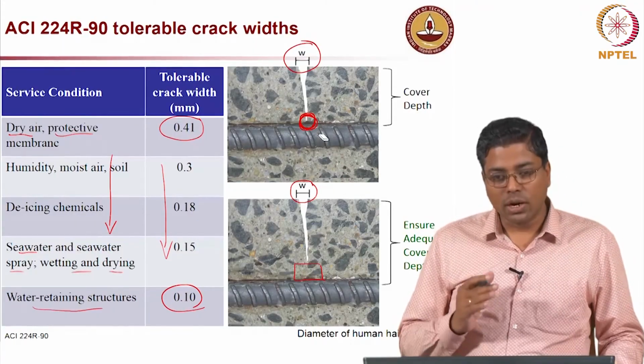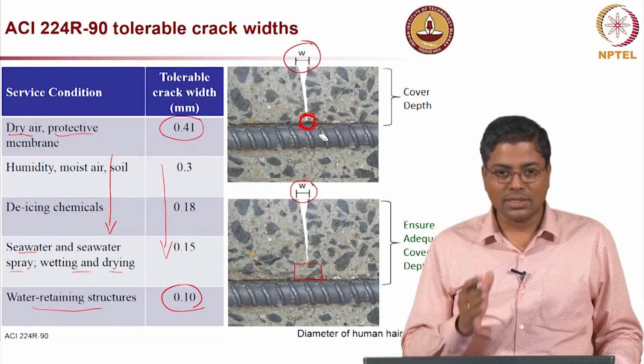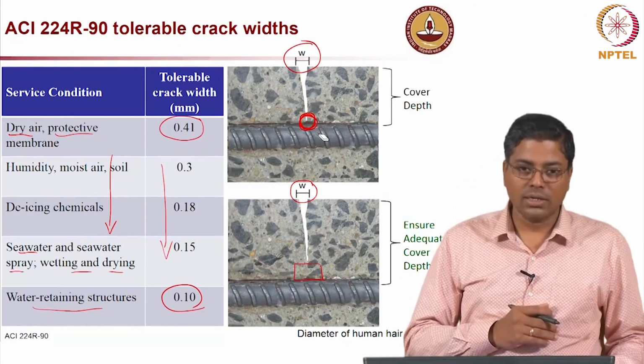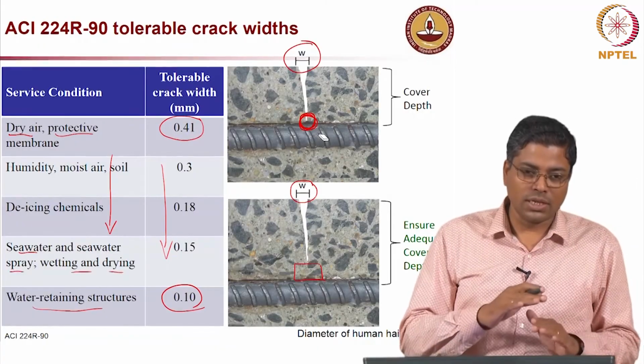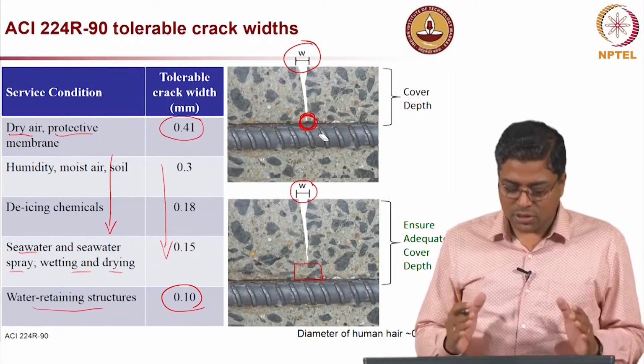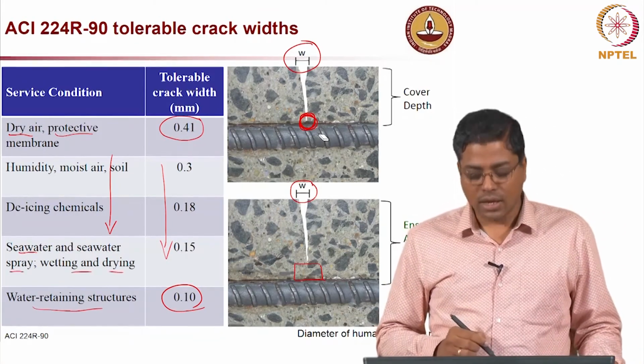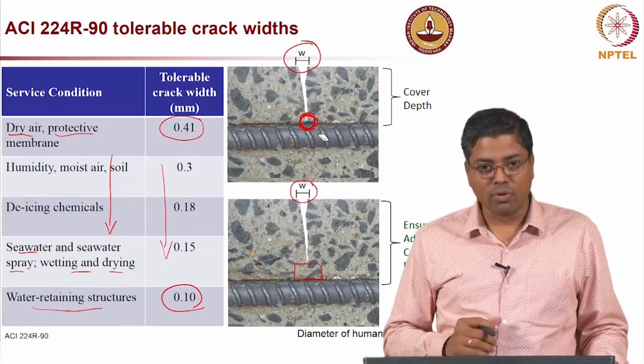What I am saying is whatever is suggested in the design, we should ensure that it is actually implemented at the site, because sometimes we see a significant variation in the cover depth. So, we must use proper measures to ensure that the cover depth is adequately provided.